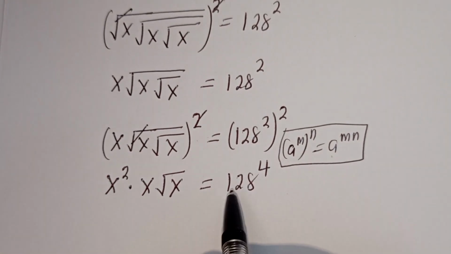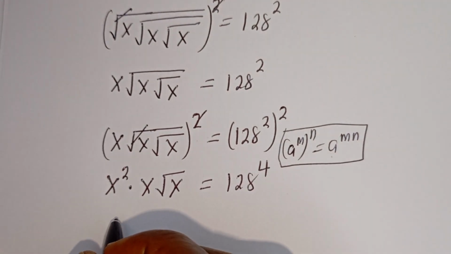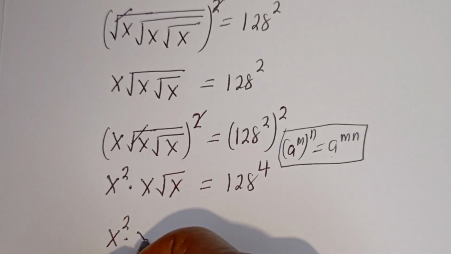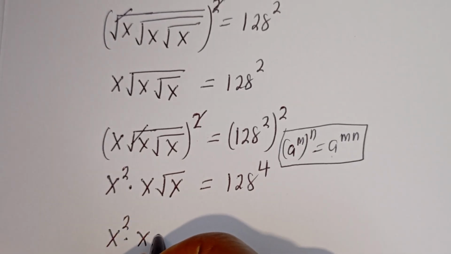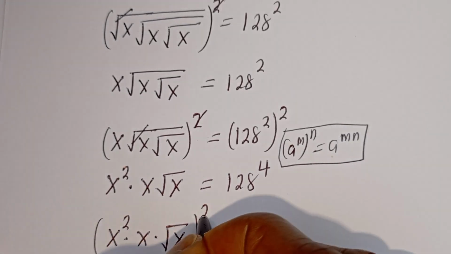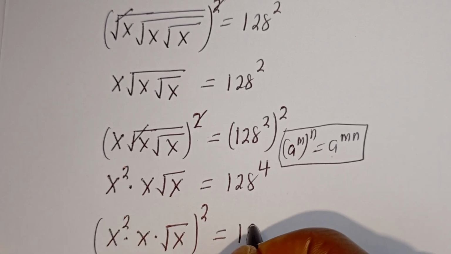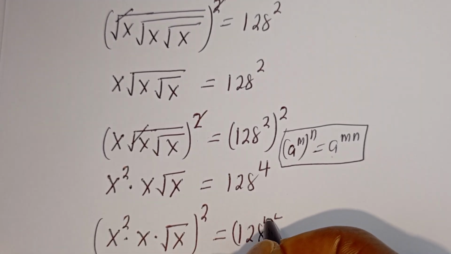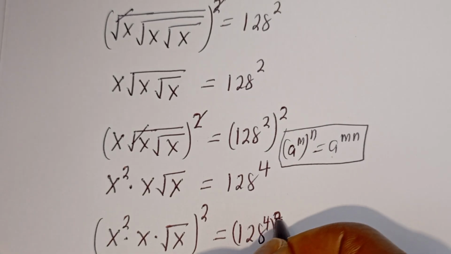Now let's square both sides of this equation again. We have s squared multiplied by x, then multiplied by the square root of x, all squared, is equal to 128 to the power of 4, all squared.